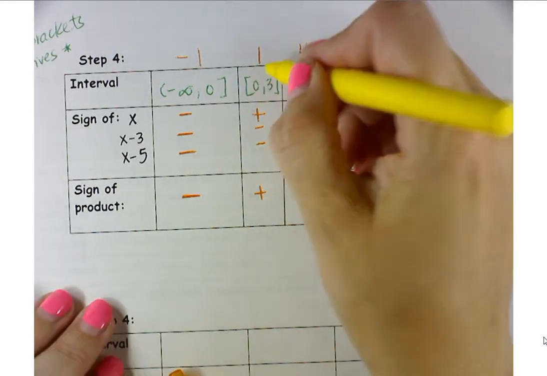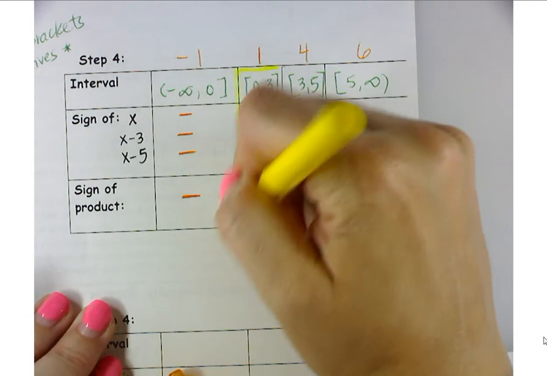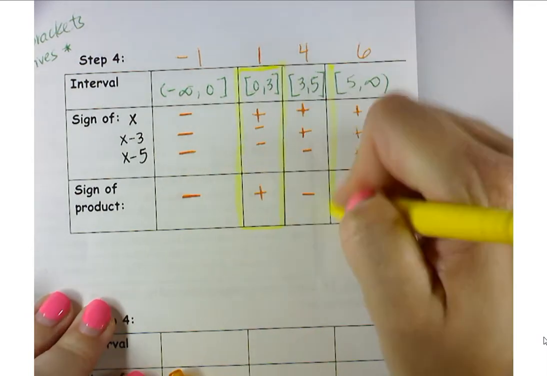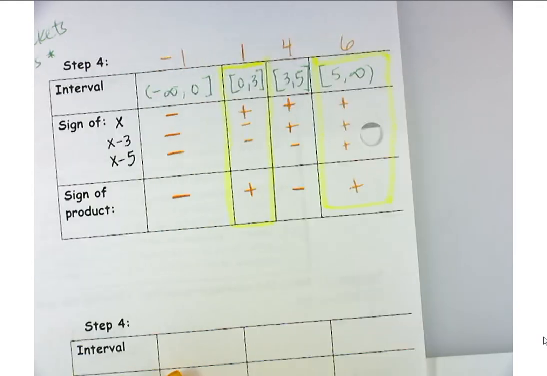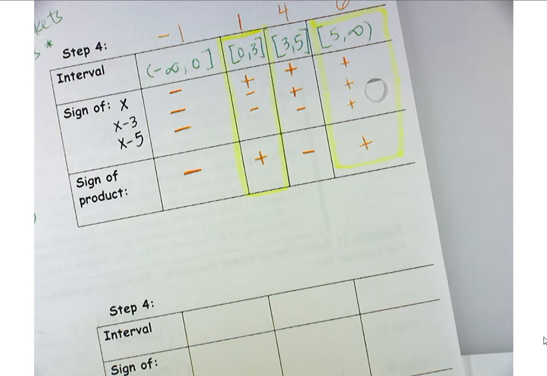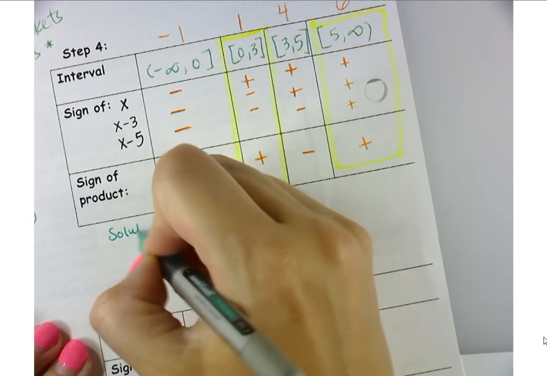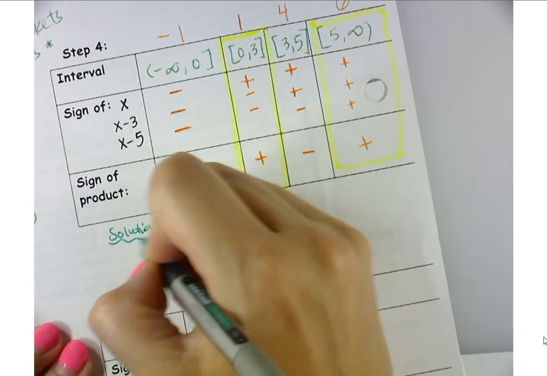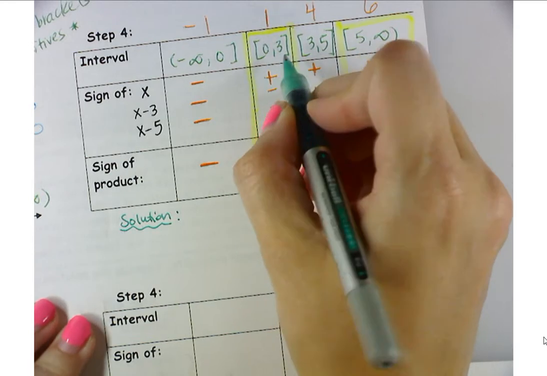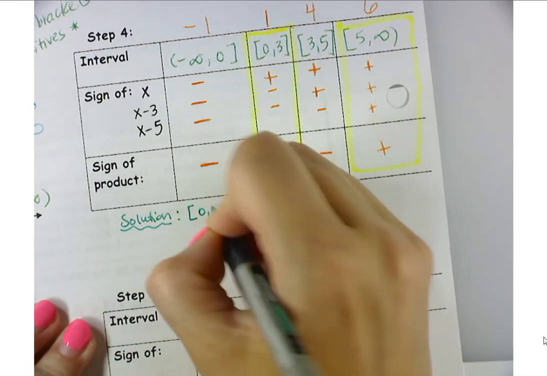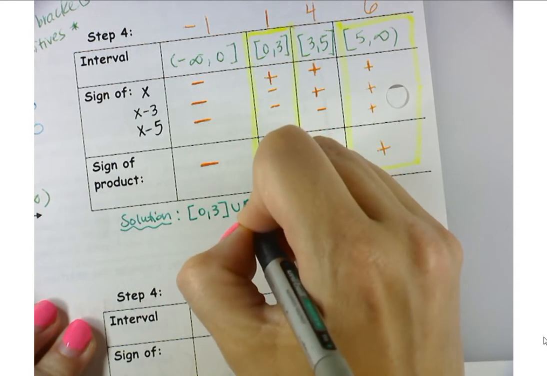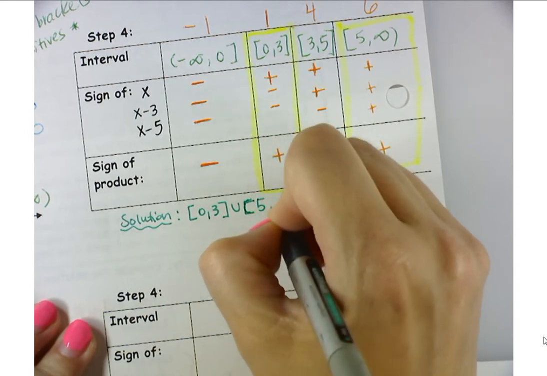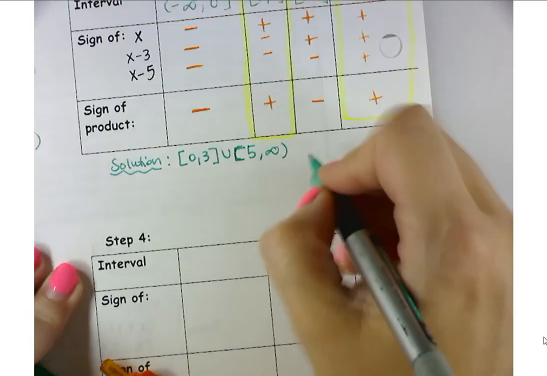Okay, so again, there's more than 1, which means we're going to connect those with a union. So when I write out my solution, my solution is going to be this interval 0, 3, and from 5 to infinity, with no hard brackets there.